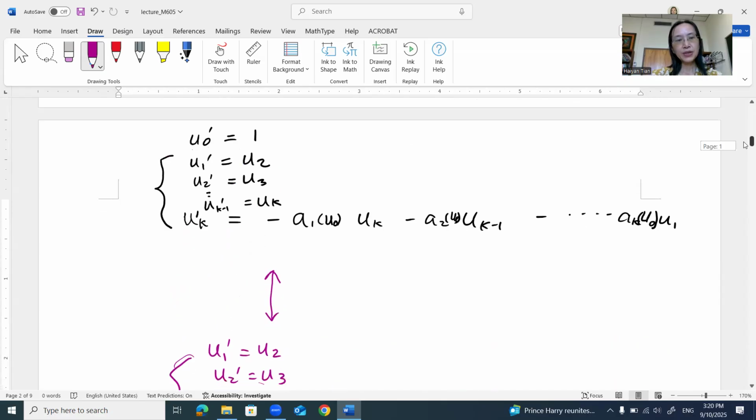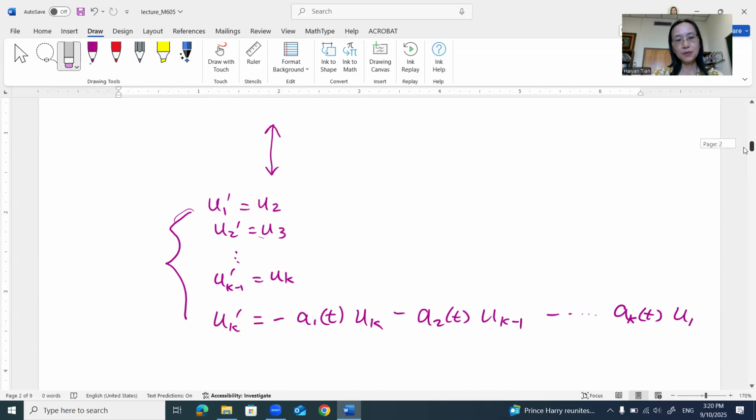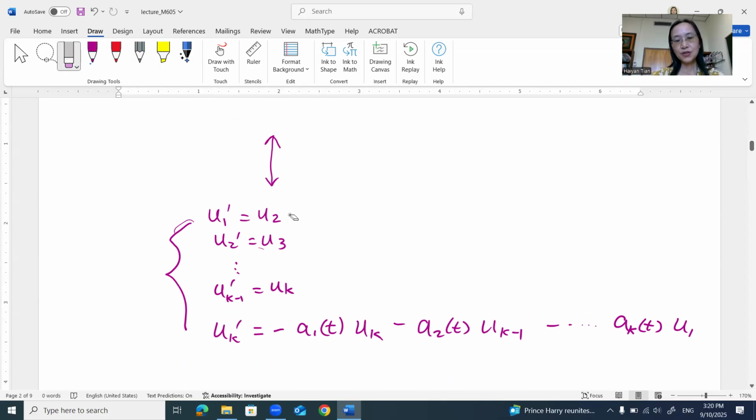The difference is they're both first order, but the set of purple equations is first order with still a time-dependent vector field. So you see the time dependence. It's non-autonomous.